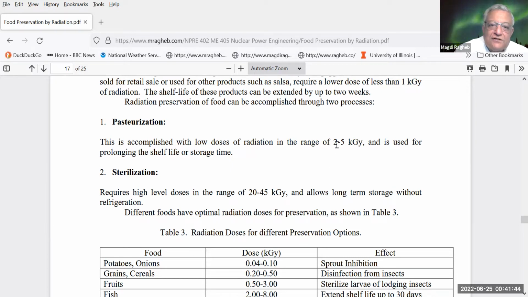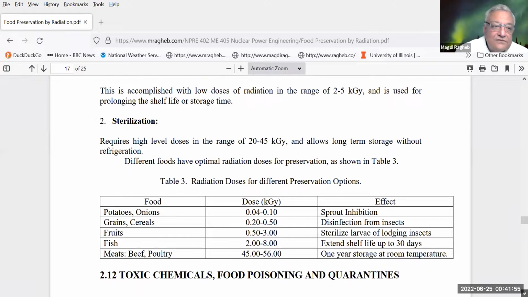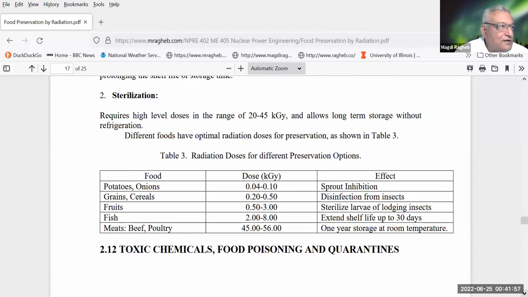If you use much larger doses, not 2 to 5 kilogray, but 10 times as much, from 20 to 45 kilogray, you'll find that you can have long-time storage of the food supply without refrigeration. So what do you do in that case? You enclose the material, even meat or fish, in an evacuated plastic bag.